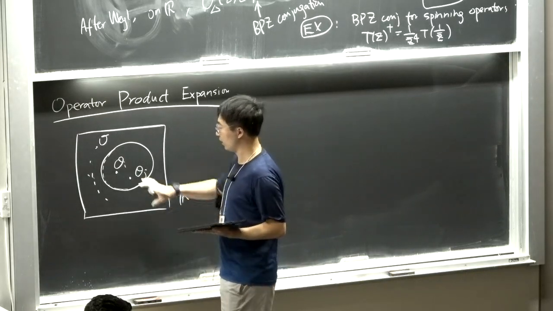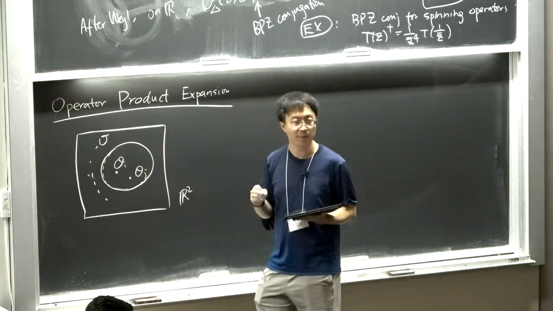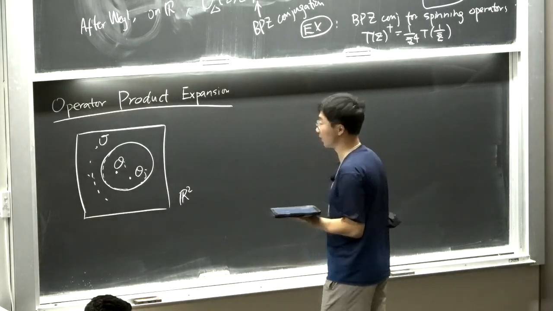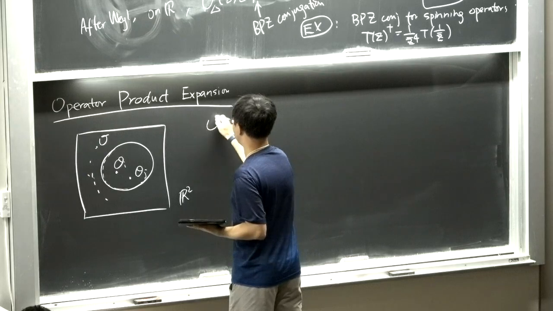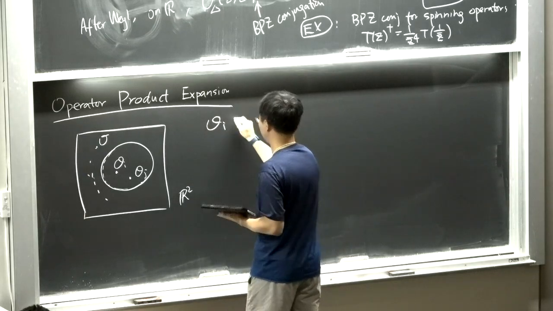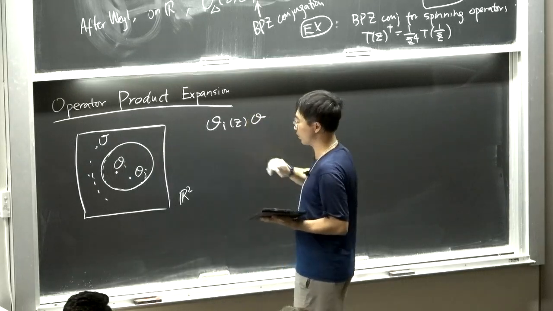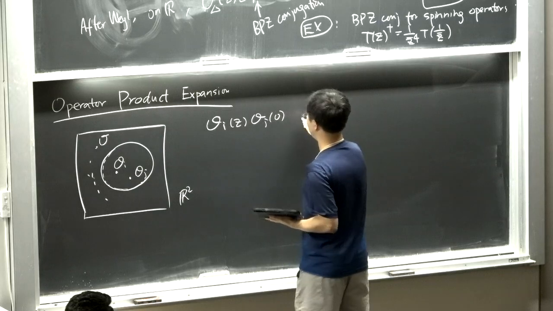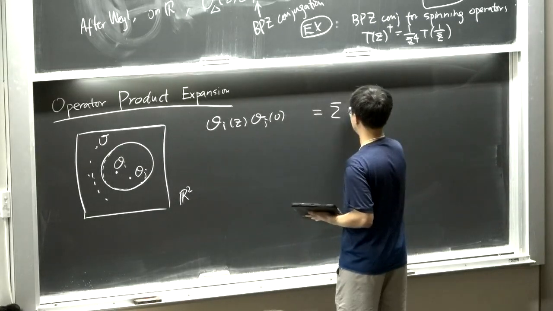And you ask, can you replace these two operator insertions by a sum of single operator insertions? That's the notion of OPE. How do we do that? What we want to argue is something that looks like this. Suppose the operator i is inserted at position z, operator j is inserted at the origin. What we want to see is some relation that looks like this.